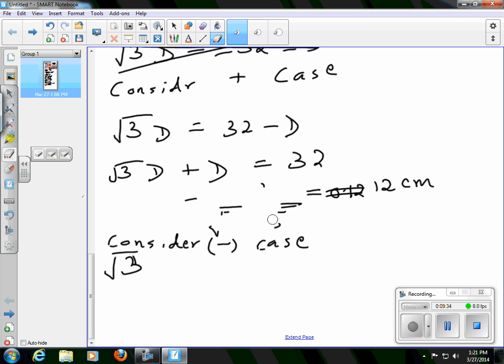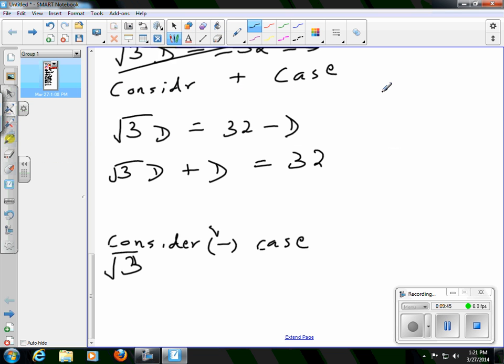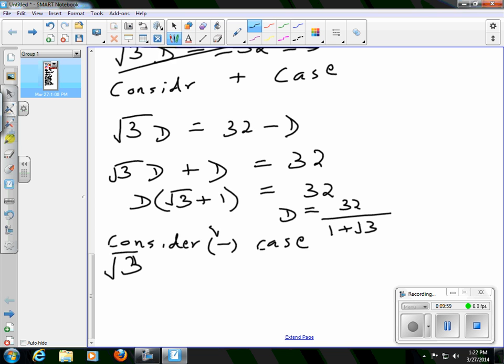Let me take everything out from here and rewrite it. So if I take d outside, I have square root 3 plus 1. Do you see that? And then my d is 32 divided by 1 plus square root 3, which is equal to 12 centimeters.